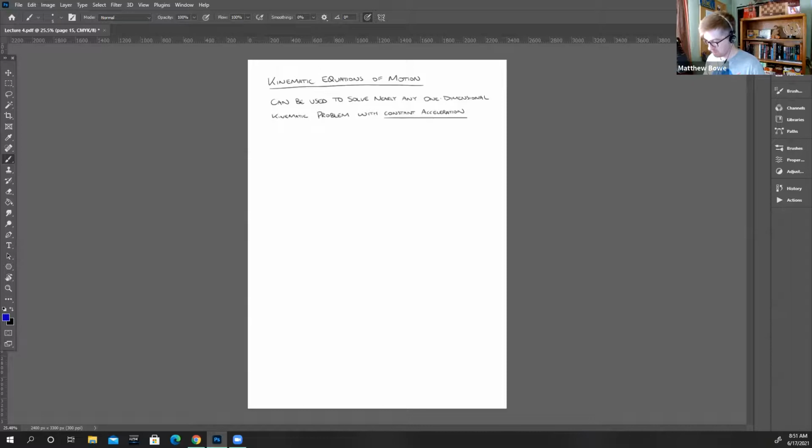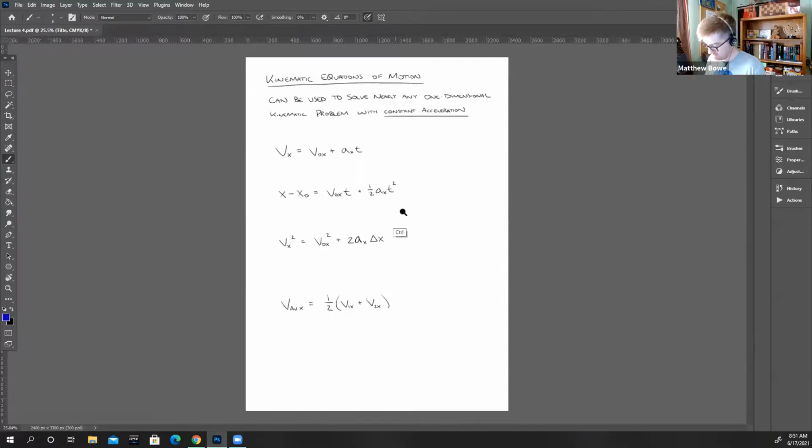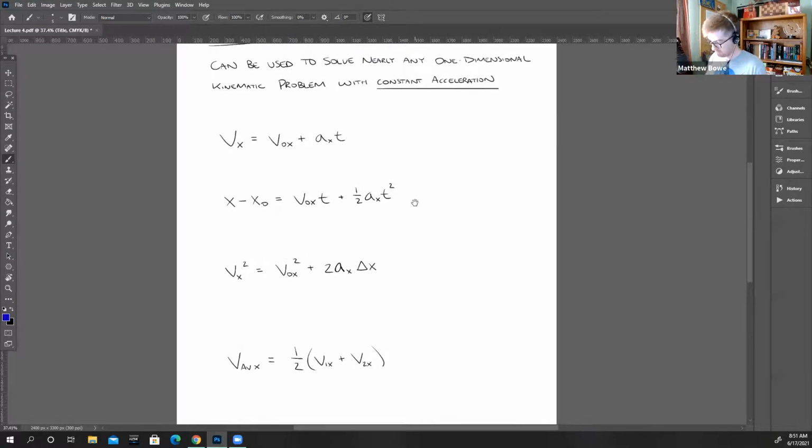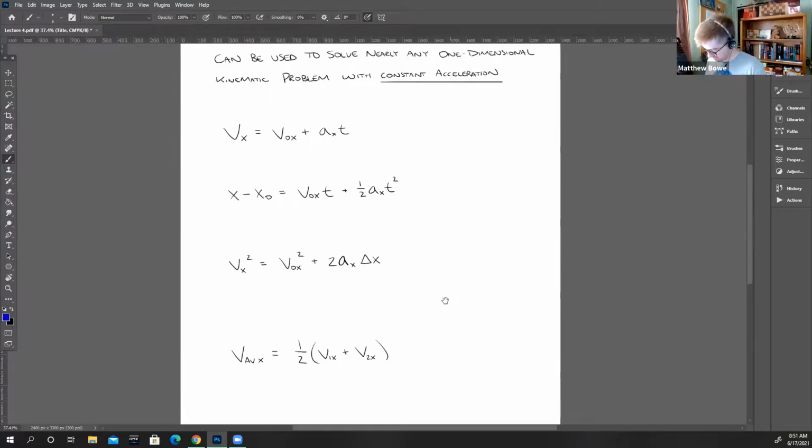You can use any of these equations. They're not specifically named or numbered. You might see them in a different arrangement in other places, but these are the basic ones.